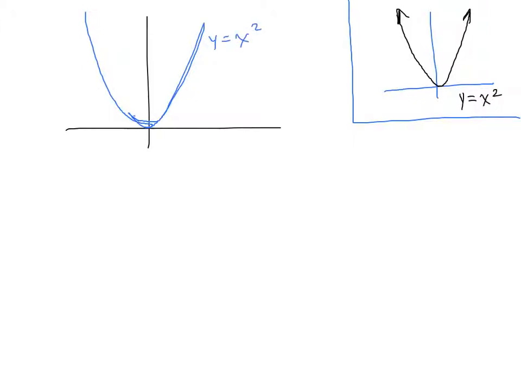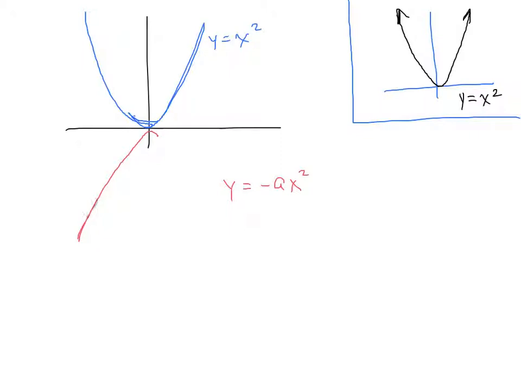If we make a negative, so if we have, for example, y equals negative a x squared, then the graph is going to be flipped about the x-axis. So it's going to be flipped upside down, and it will look like this.